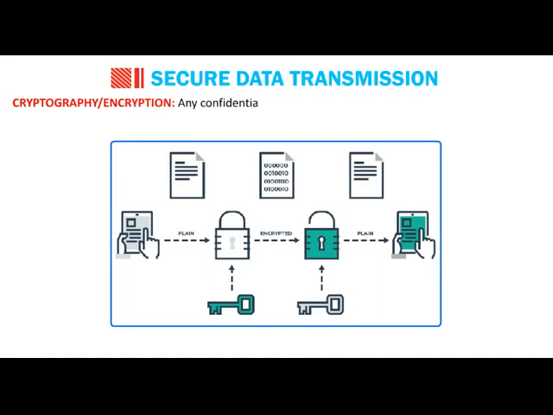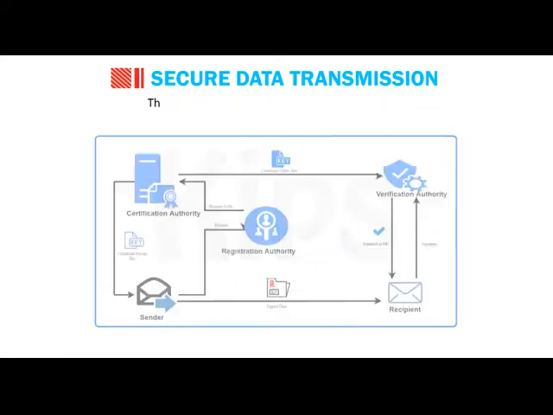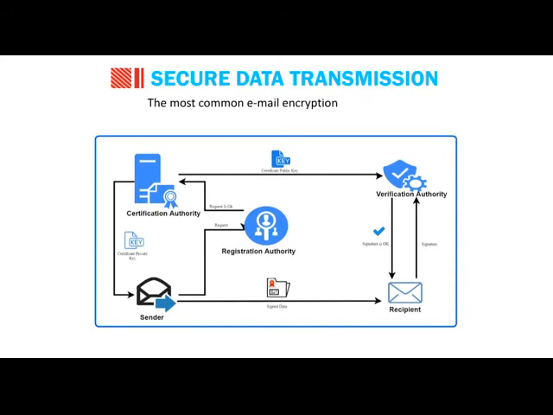Cryptography or encryption. Any confidential data needs to be transferred over a secure channel. It needs to be encrypted or coded before being transmitted. Encryption is the process of transforming data into an unreadable code. The most common email encryption is called PKI.